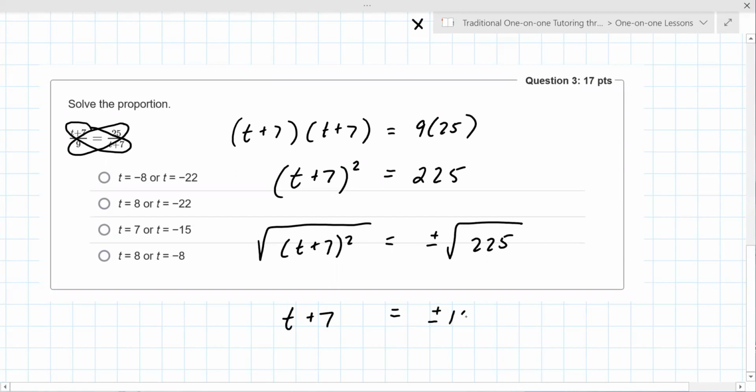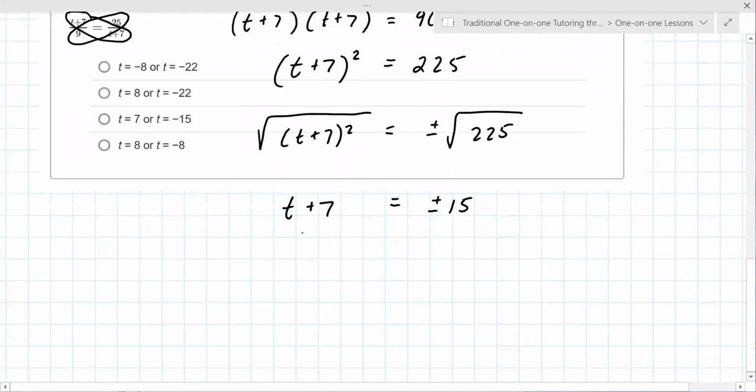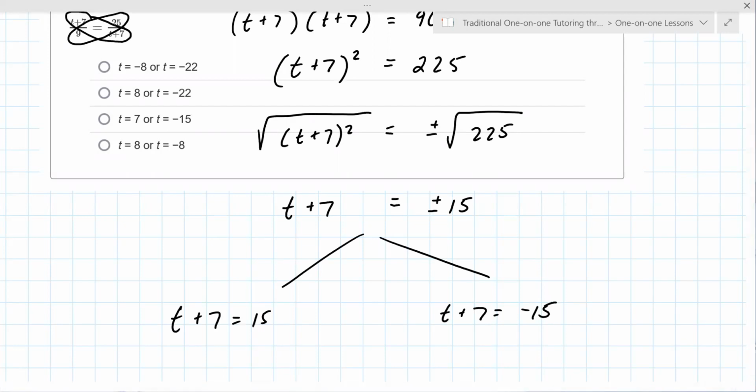Did you actually click on the link? Yes. Okay. So we have t plus 7 equals plus or minus 15. It's really 2 equations. t plus 7 equals 15, and t plus 7 equals minus 15. I want you to solve both of those equations and give me the correct answer.